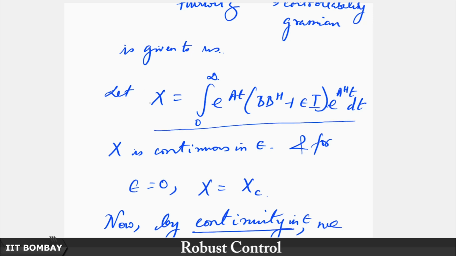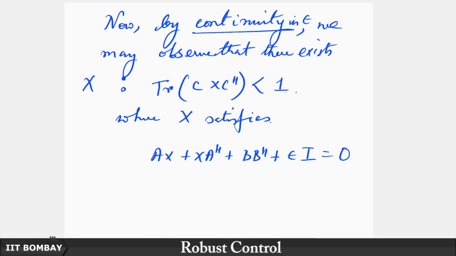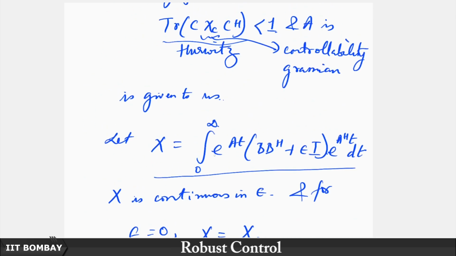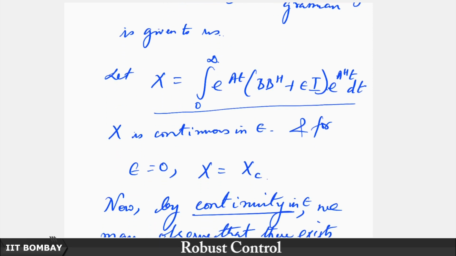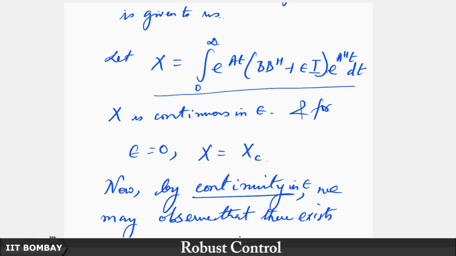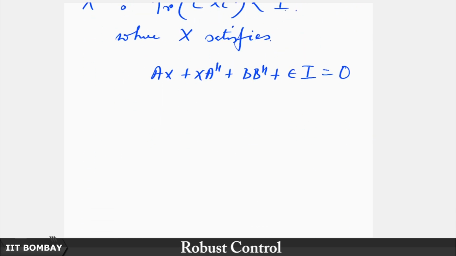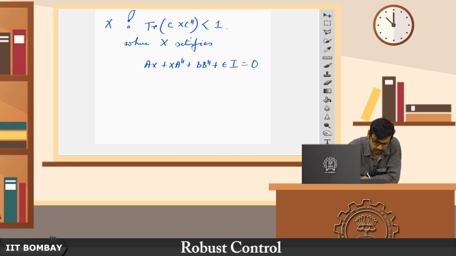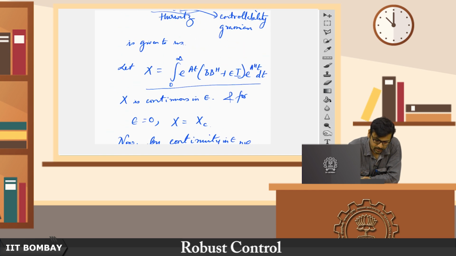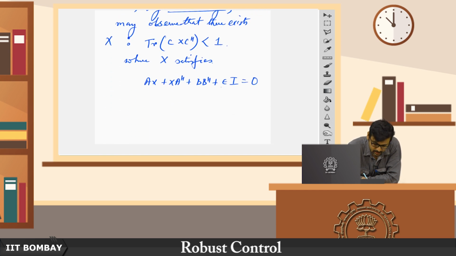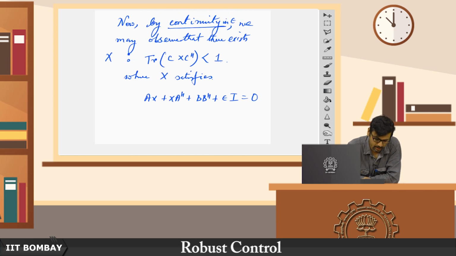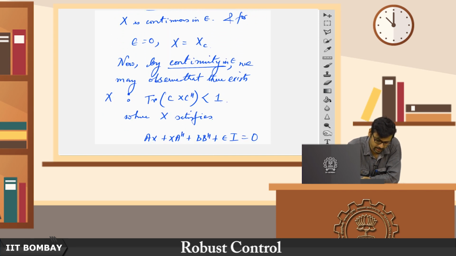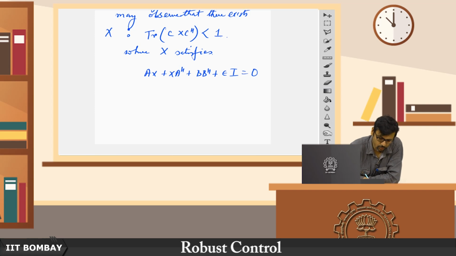So, you take this as AX, so that means it is a derivative. So, AX plus X A Hermitian is basically nothing but a derivative of this term. And then you add B B Hermitian, and you will see that you will be left with just minus epsilon I. You perform the integration with the assumption that A is Hurwitz. So, this is true, but this implies that A is Hurwitz.